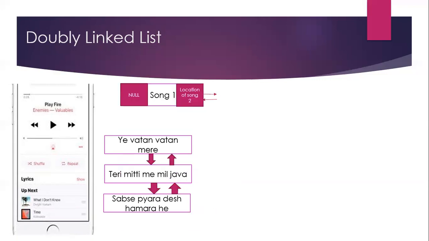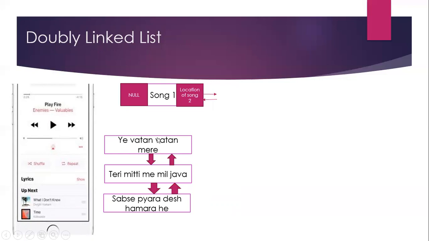The node structure is quite different. Here it has two different pointers. The middle part is the data part. The right side is the location of the right side node, that means the next node, and the left side has the location of the previous node.